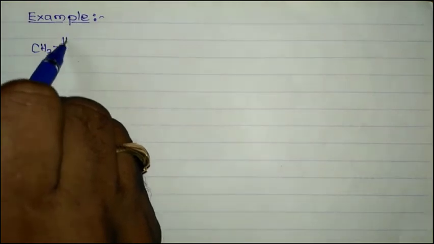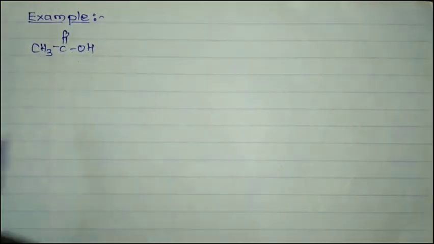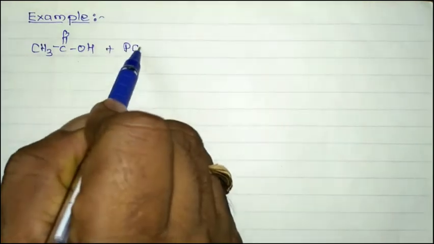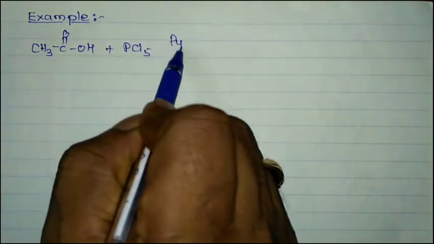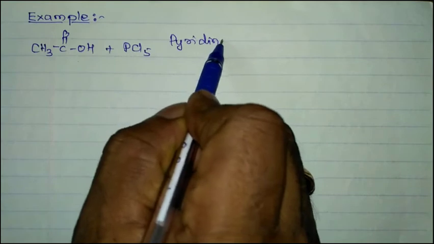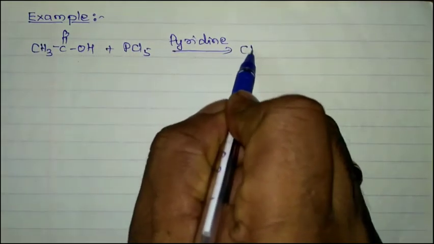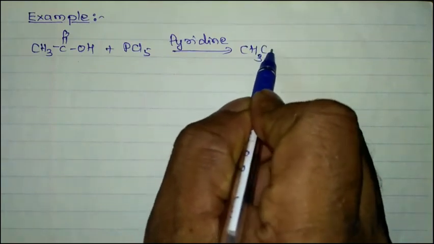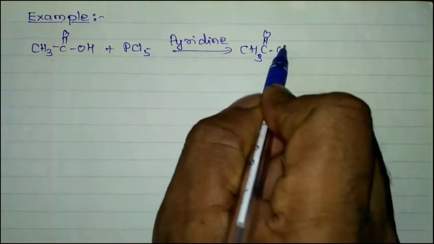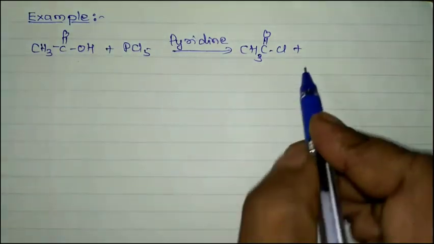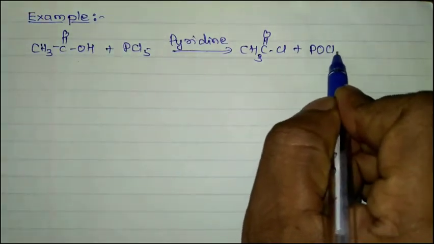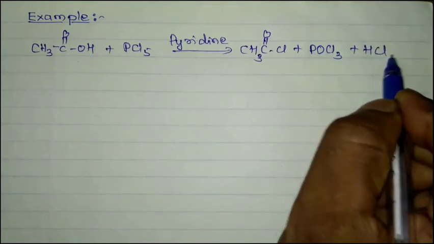Example: Acetic acid, CH3COOH, reacts with phosphorus pentachloride, PCl5, in the presence of pyridine as a catalyst. You are going to get CH3COCl plus POCl3 plus HCl.